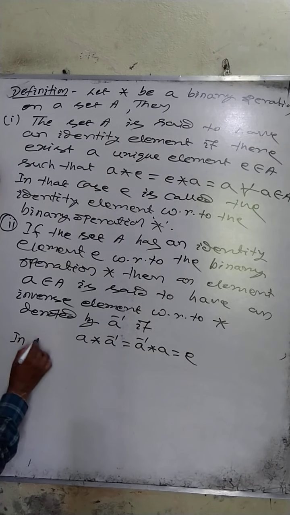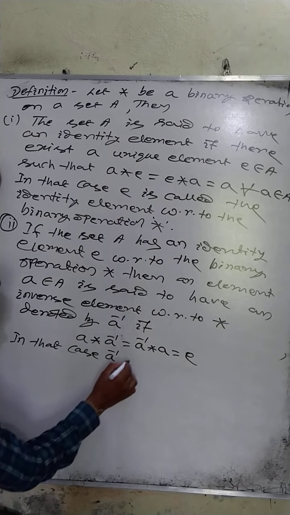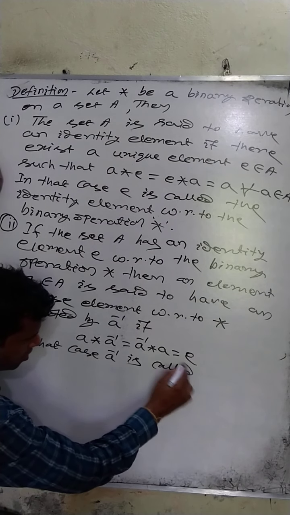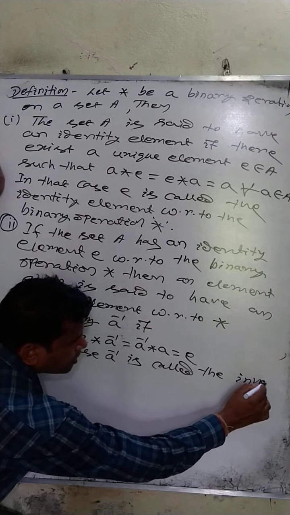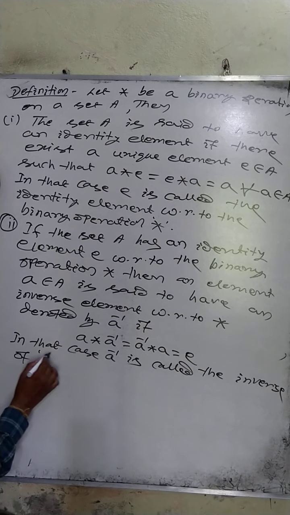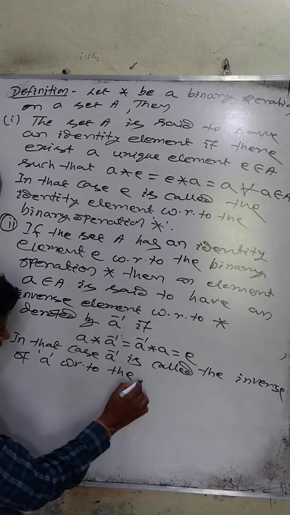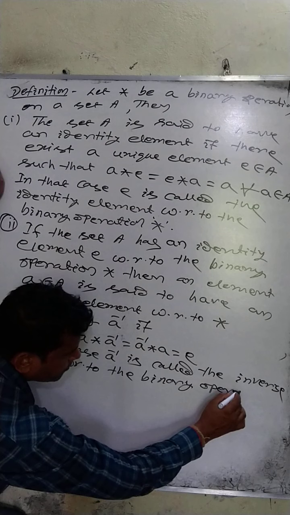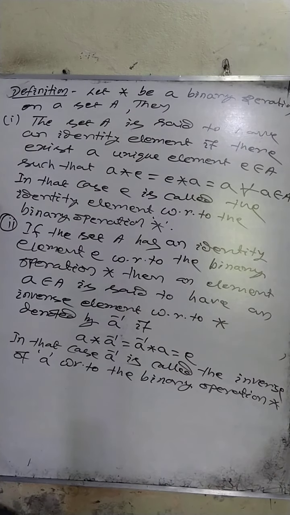In that case, A inverse, or A to the power minus 1, is called the inverse of A with respect to the binary operation star.